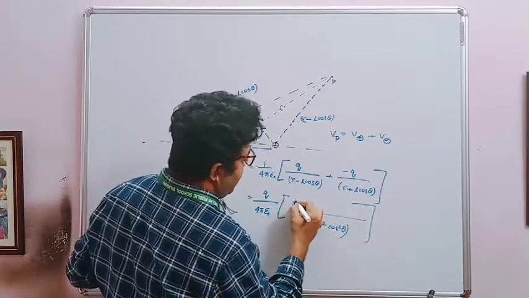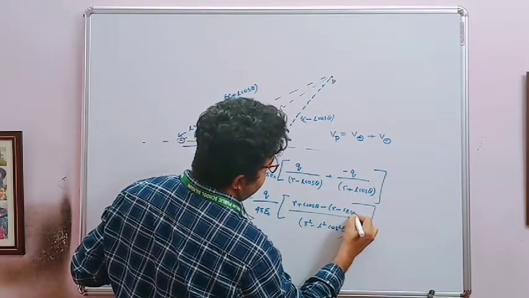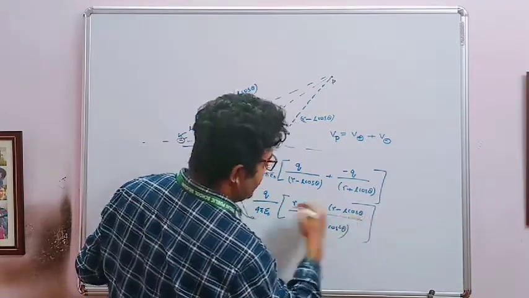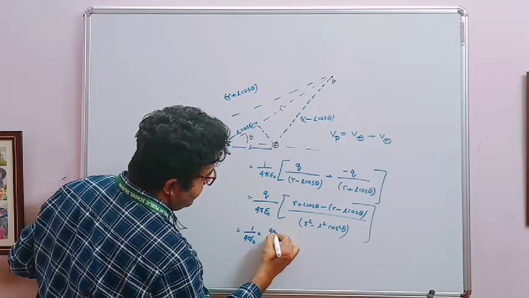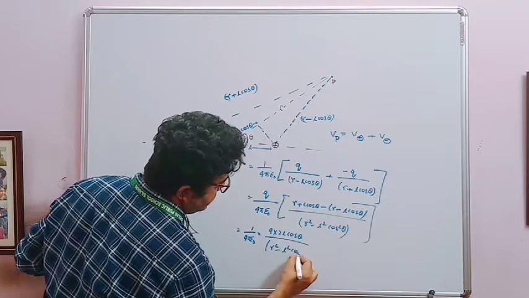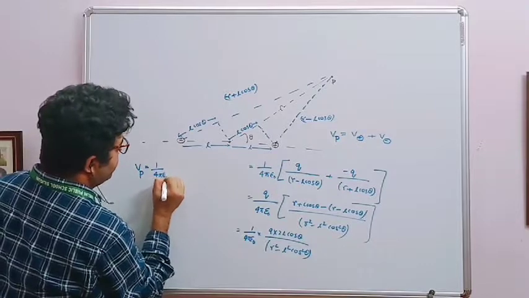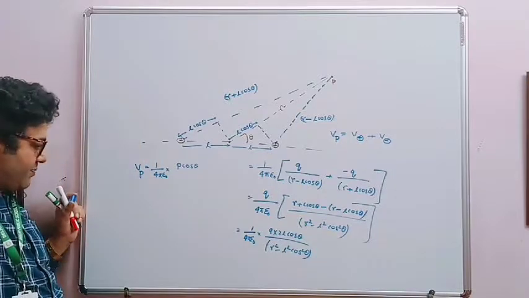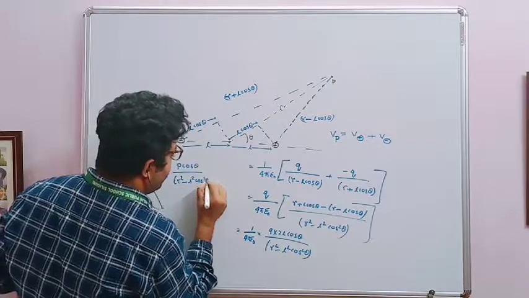The R's cancel, so you have 1 by 4 pi epsilon naught, P into 2L cos theta by R square minus L square cos square theta. So at any position, V is 1 by 4 pi epsilon naught, vector P with mod P cos theta by R square minus L square cos square theta.